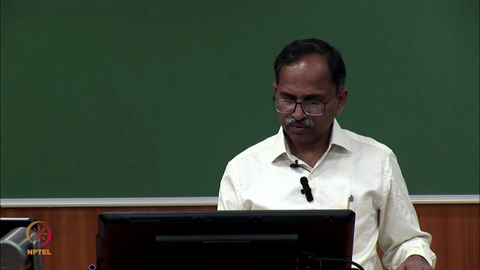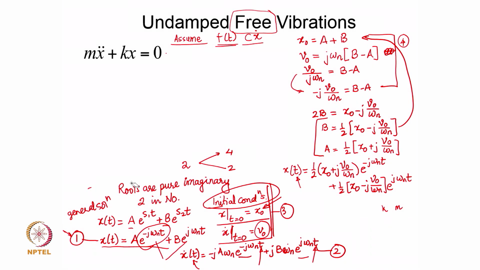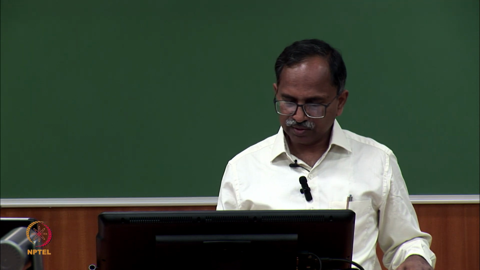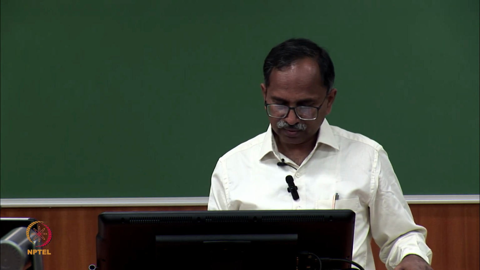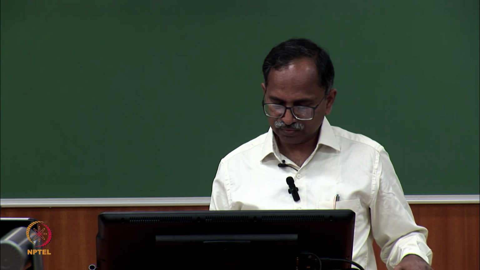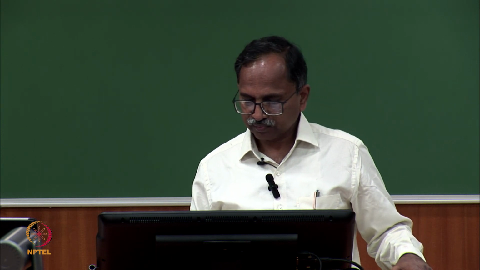Okay. And for that we will make use of Euler's identity and get a better form of this particular equation, which is convenient to handle. Okay. What do you do? You multiply and try to get a simplified version.